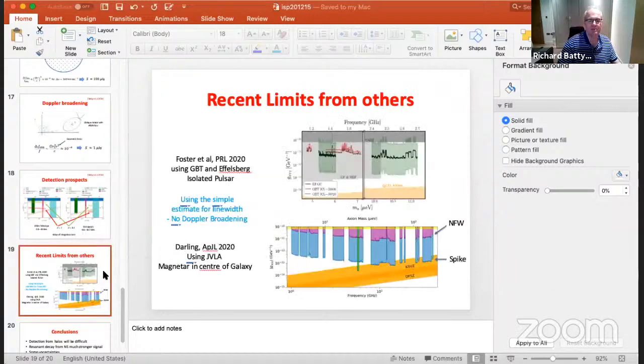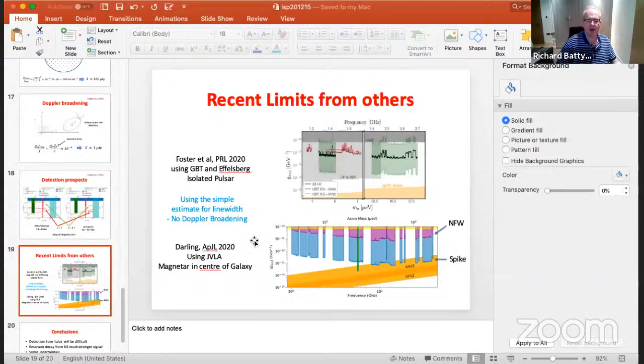But these measurements are basically just pointing the telescope at the pulsar and looking for the detection of a spectral line of a given width in the direction of that pulsar. They didn't find one, so they set an upper limit on the flux density of that signal.